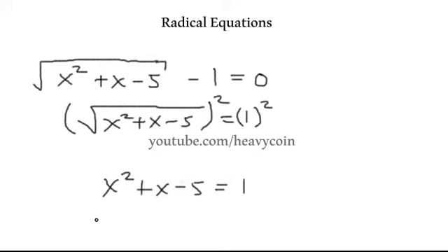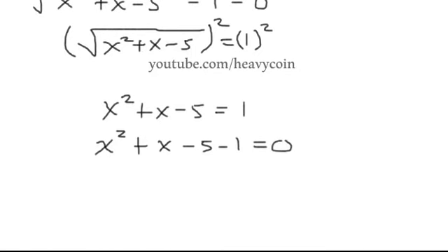Bring the 1 over to the left. We have x squared plus x minus 5 minus 1. And then we have x squared plus x minus 6. And we want to factor this guy.